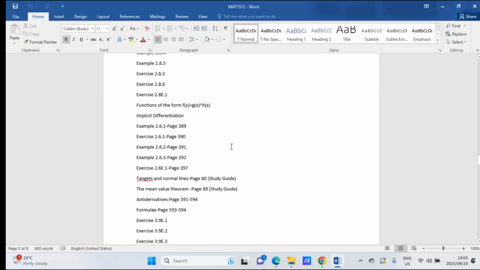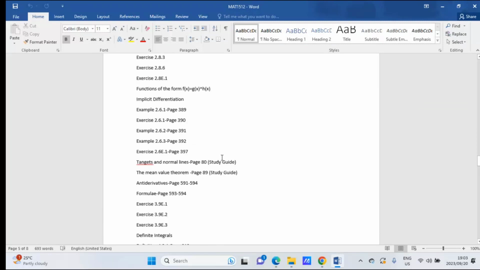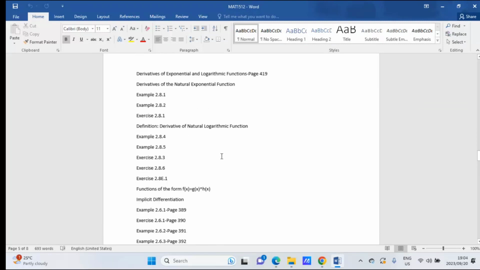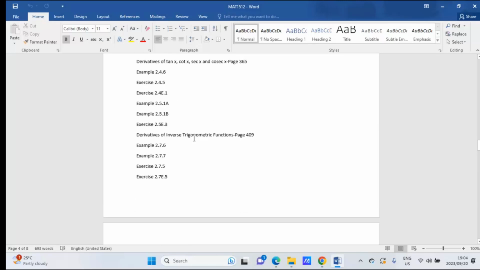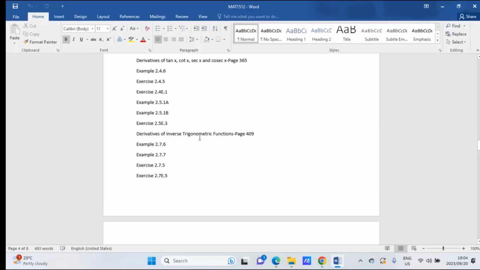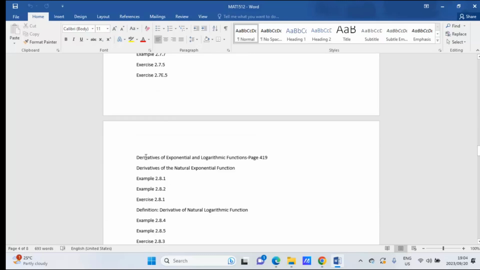It's a study plan, we have a curriculum. Can you all see my screen? Yes, sir. Okay, from here, we are coming to derivatives of exponential and logarithmic.